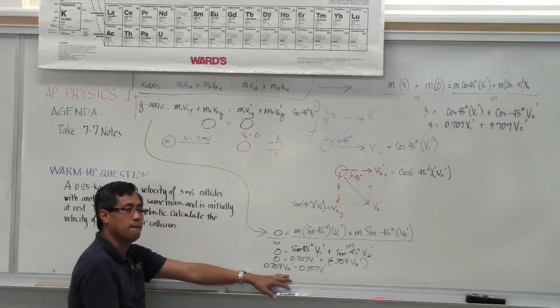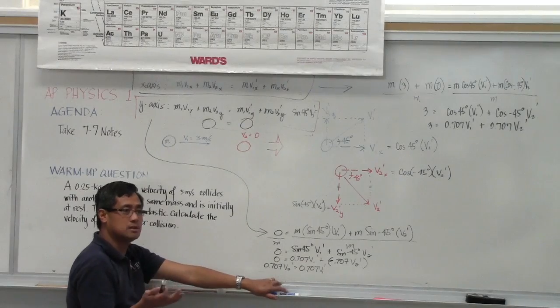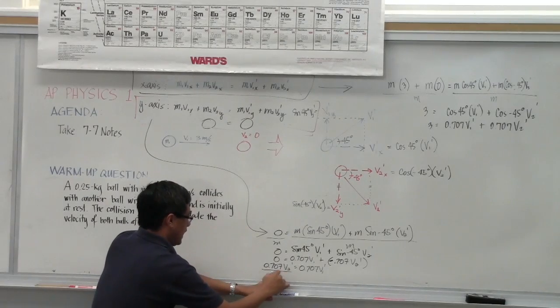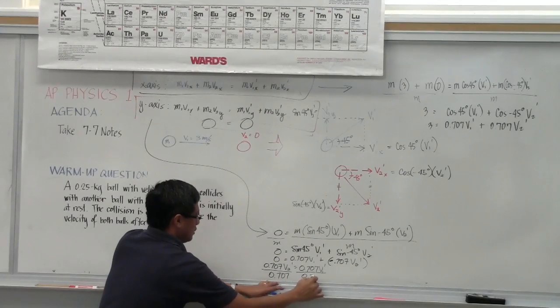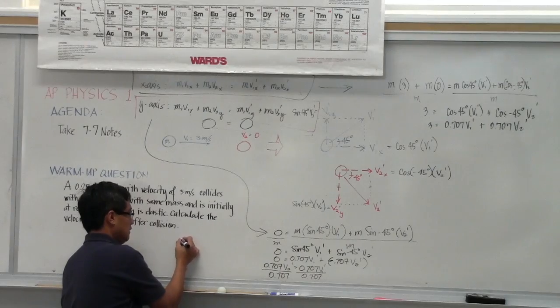Are they both equal because your angles are exactly the same? Well, yeah, it just so happened that they're equal because the angles are the same. But do they have to be the same all the time? No. Okay, so if I divide this by 0.707, what equation am I going to get?